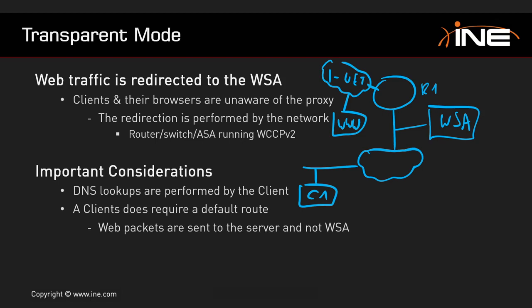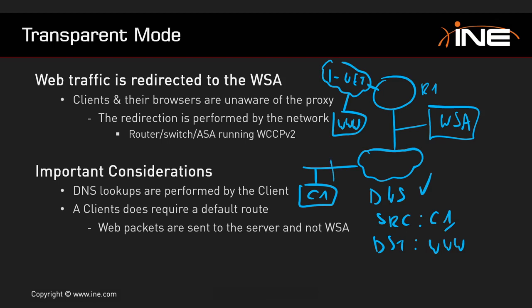In order to figure out the destination of our web server, C1 needs to perform name resolution. And once it learns about the destination, it is now able to send a packet with a source of C1, its own IP address, and the destination in question, www.